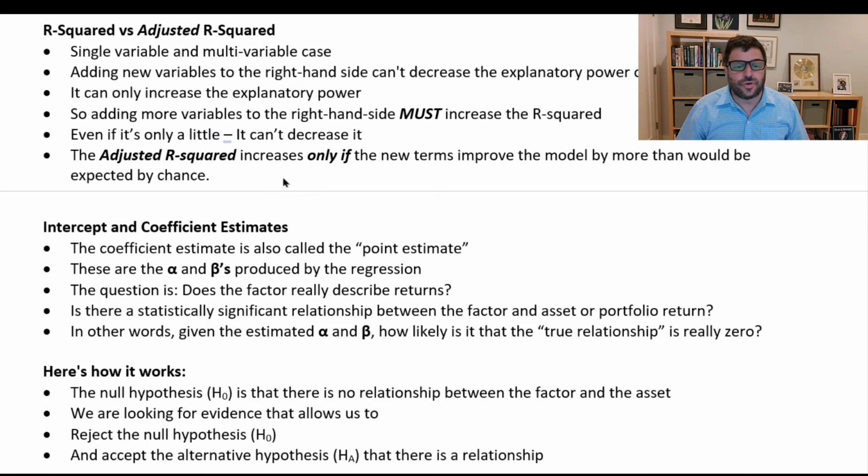The adjusted R squared only increases as we add new variables to the right-hand side if the new factors that we add to the model improve the fit by more than we would expect if it were just random chance. So the R squared will get bigger, but the adjusted R squared only gets bigger if the amount of explanation exceeds what we would expect if it were random. We're not going to have to worry about the adjusted R squared for now. We will when we move on to multivariate regressions in Chapter 10.